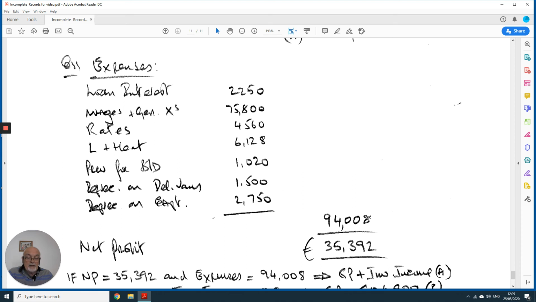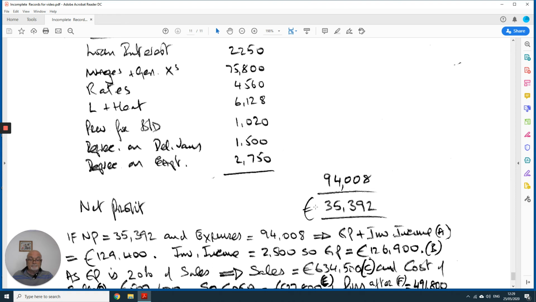So that must mean that the gross profit and the investment income must be the sum of those two figures, 94,008 and 35,392. That's 129,400. As the investment income is 2,500, the gross profit must be 126,900.